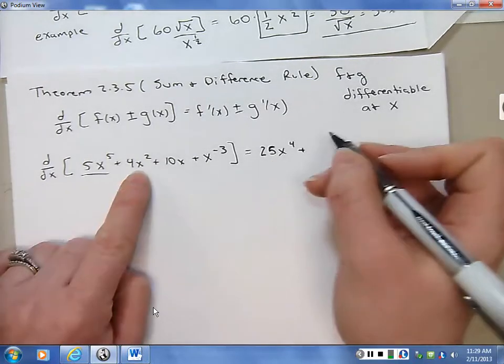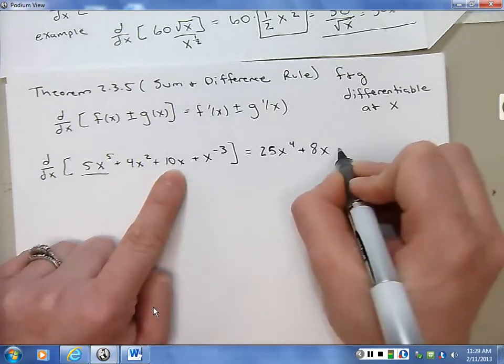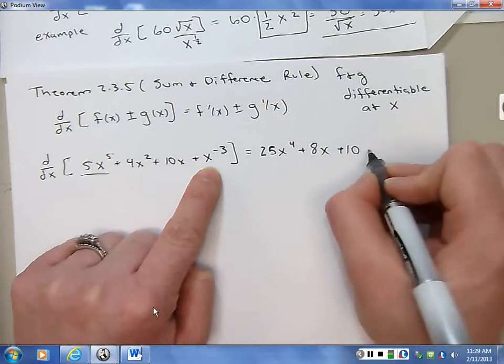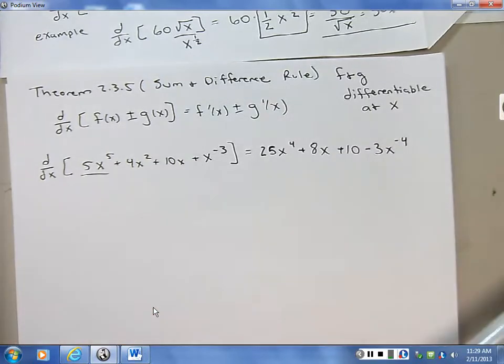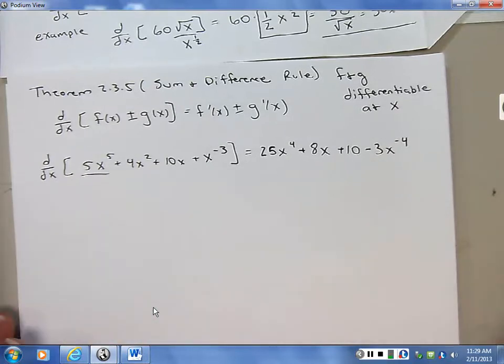Very good. What's the derivative of 4x squared? 8x. What's the derivative of 10x? 10. What's the derivative of x to the minus 3? Negative 3x to the negative 4. You guys see that? So this theorem tells me I can do it term by term.